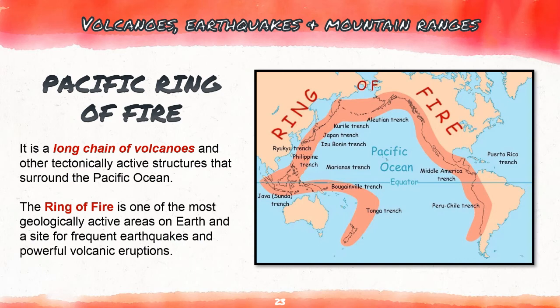The Ring of Fire is one of the most geologically active areas on Earth and a site for frequent earthquakes and powerful volcanic eruptions. Since this area is surrounded by volcanoes, every eruption could trigger an earthquake. So that's why areas found within the Ring of Fire are usually visited by earthquakes.